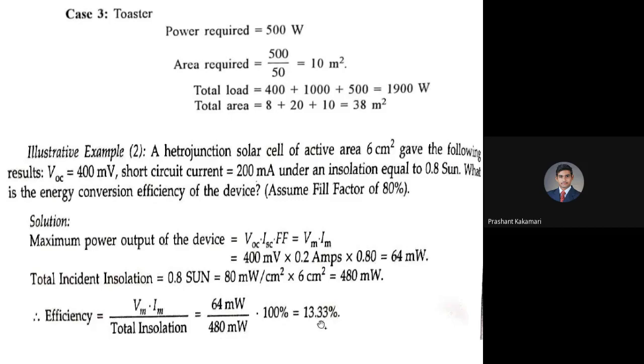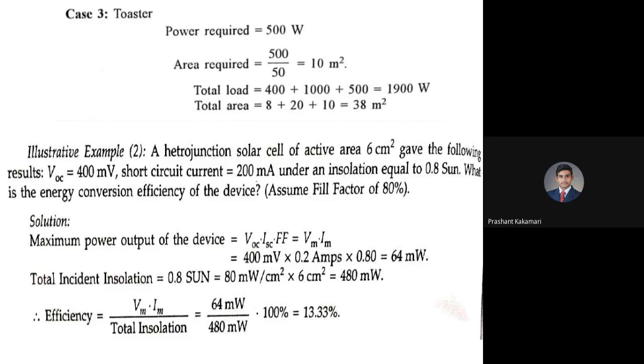So for this solar cell of 6 centimeter square and solar radiation of 0.8 sun, with the given short circuit current and VOC, the values are like this. In another problem, the efficiency or the maximum power may be given, and later we need to find the fill factor and other unknown values.